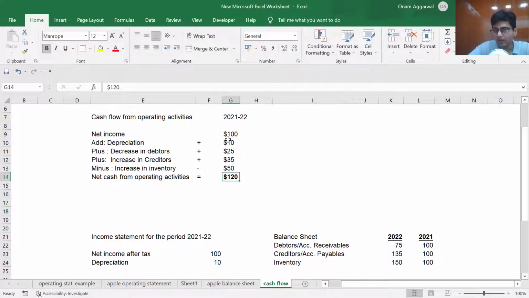So you see, the net income of our income statement was only $100, but our cash flow from operations has increased by $20. Why? Because of all of these non-cash and working capital changes. And this is what I want you to understand. There will always be a possibility that your net income will be different from the net cash from operating activities.